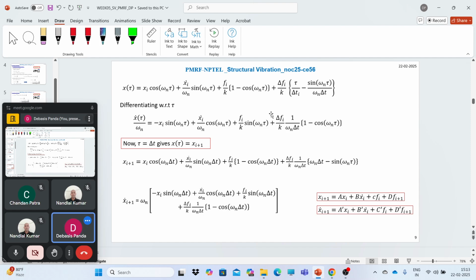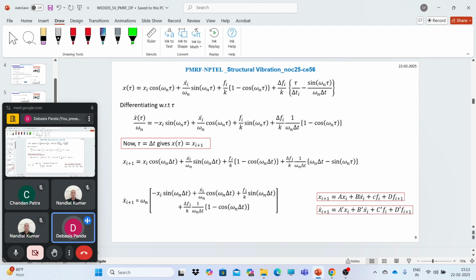If we simplify these equations, we get a combined form in the red boxes over there. So we get the responses at the xi plus 1 time step, that means the response at the next time step, which is denoted by a xi.